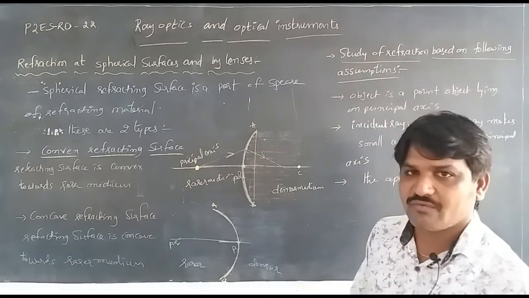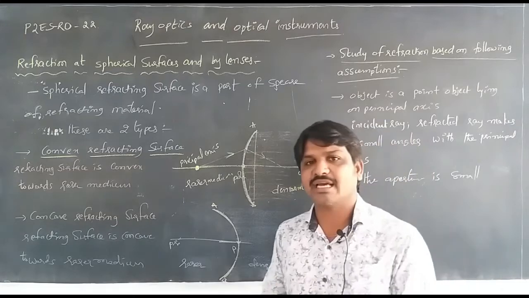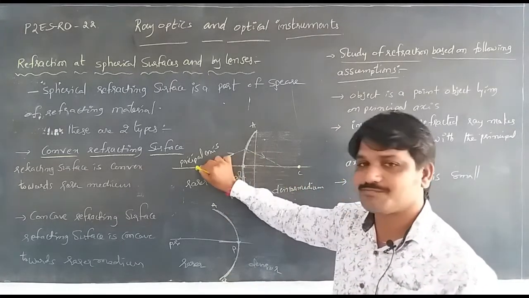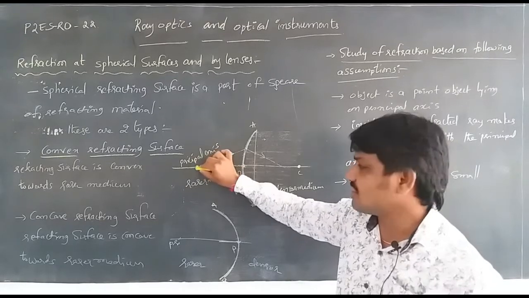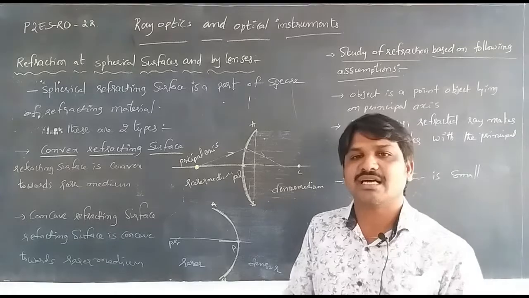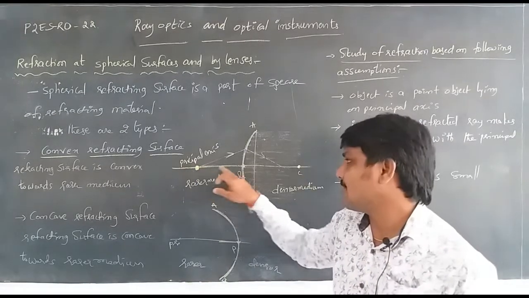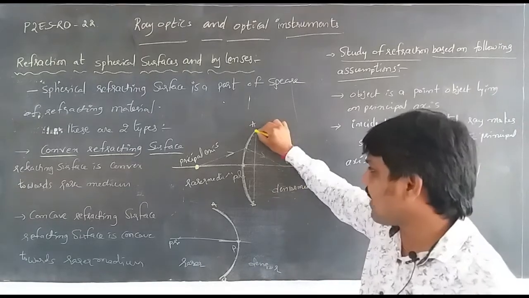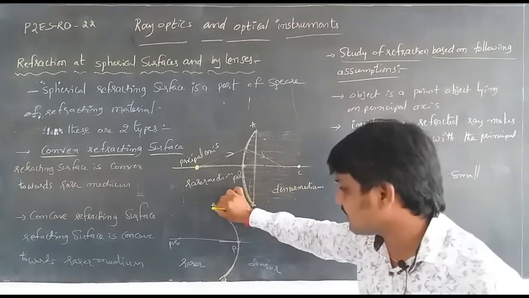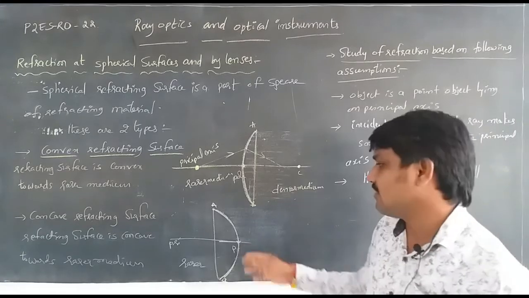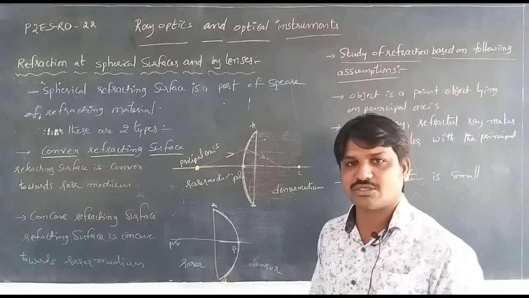So, when the object is a point object lying on the principal axis, the second assumption is that the incident ray and the refracted ray make small angles with the principal axis, and the last one is that the aperture is also small. The aperture of the lens, the refracting surface, is also small.